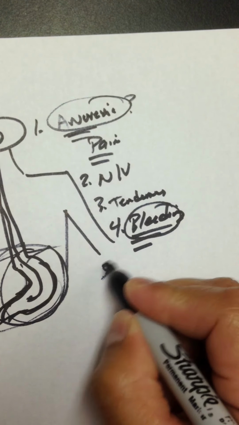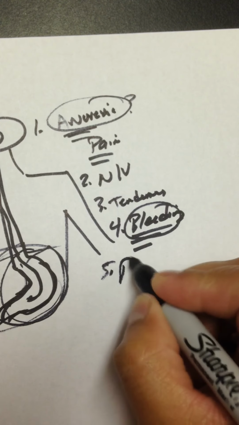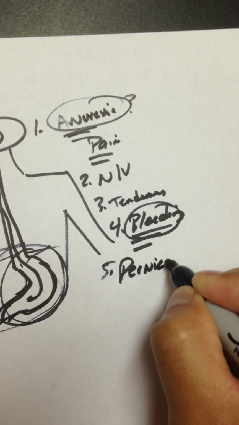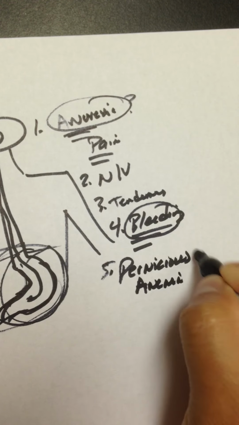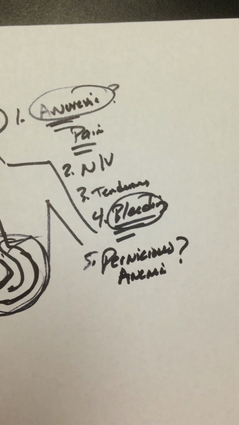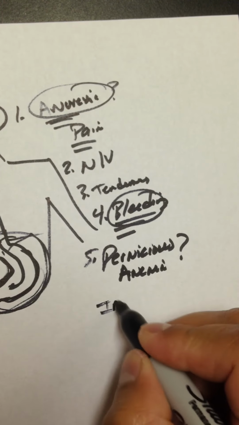Number 5, pernicious anemia. Now, why pernicious anemia? Well, if your gastric lining is being affected, remember, part of the lining is covered by parietal cells. So if those cells are damaged, you can no longer produce intrinsic factor.